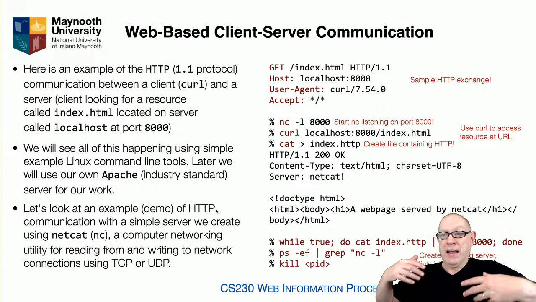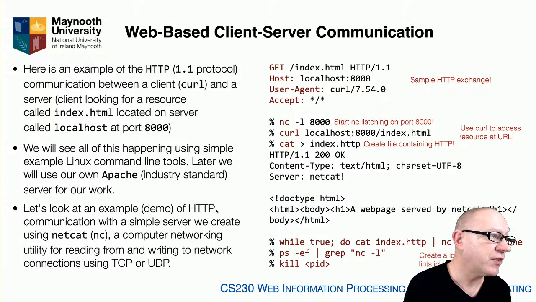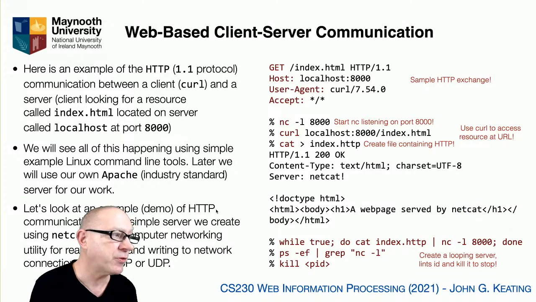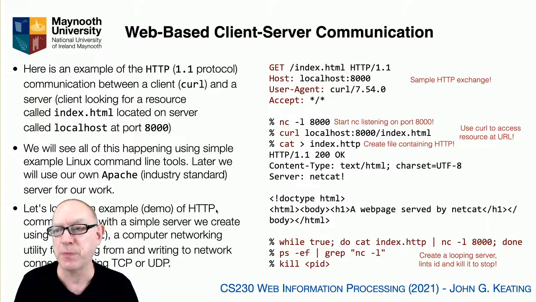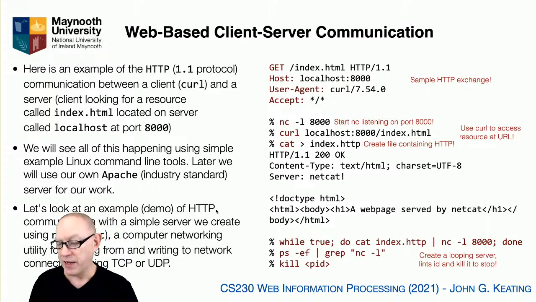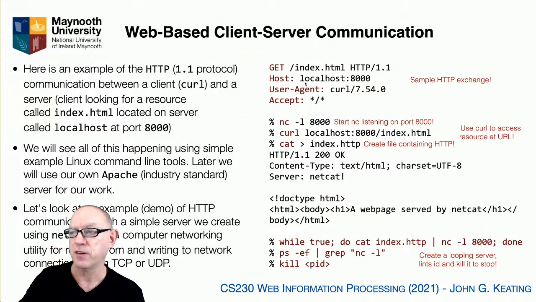Here now is our first set of examples, and it's really nice, you're really hacking the lower level to see what's happening. On the right-hand side is an example of HTTP protocol communication between a client and a server.